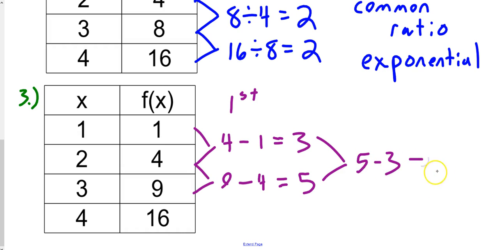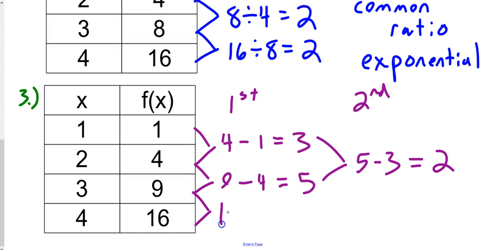So 5 minus 3 equals 2. So let's get the last guy down here, and let's check and see if it comes out to be 2. This is what we call the second difference.